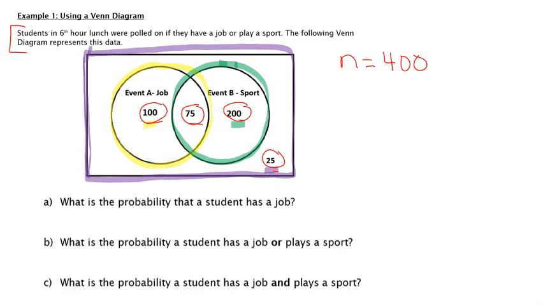The first question says, what is the probability that a student has a job? So again, a job, that's our event A. That's right here, and that would be 175 because you put the 100 and the 75 together.